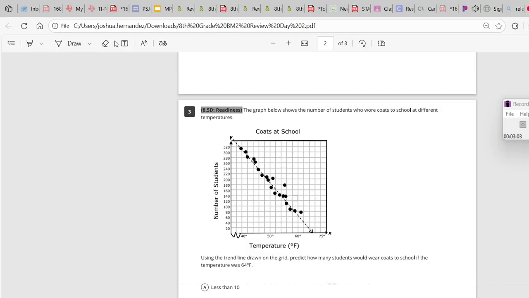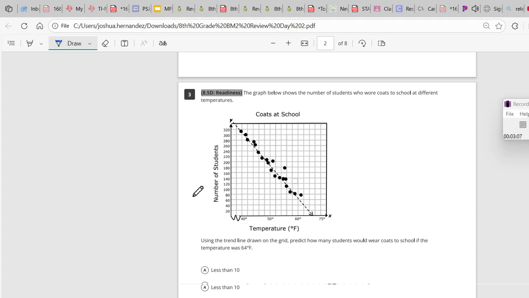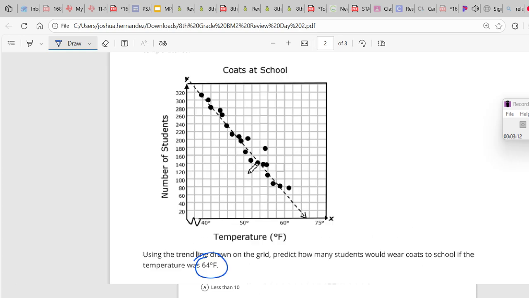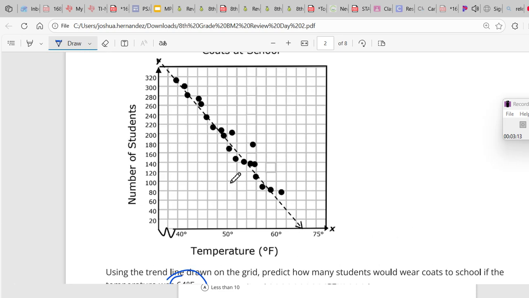Actually, I'm going to go back and use this pen. You're going to read down here, 64 degrees. Let's zoom in. How is this counted? 60, 65, 70, 75.